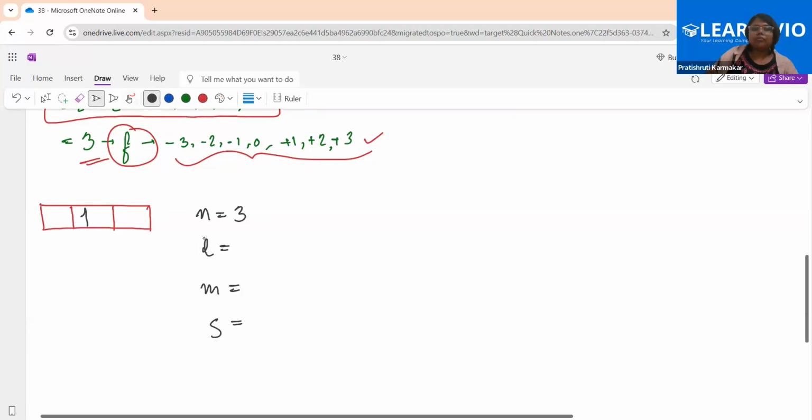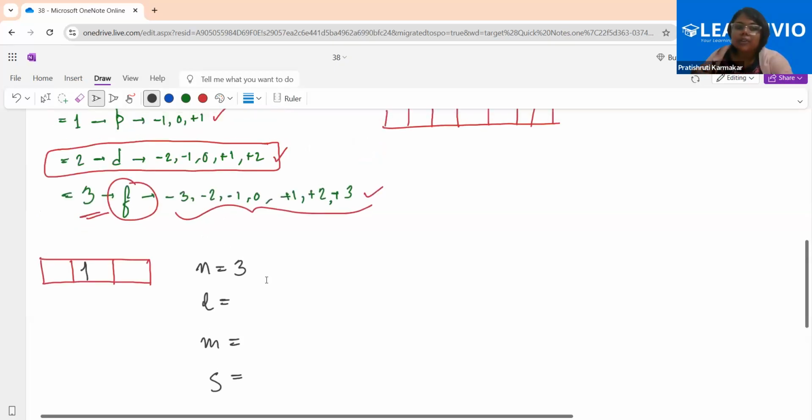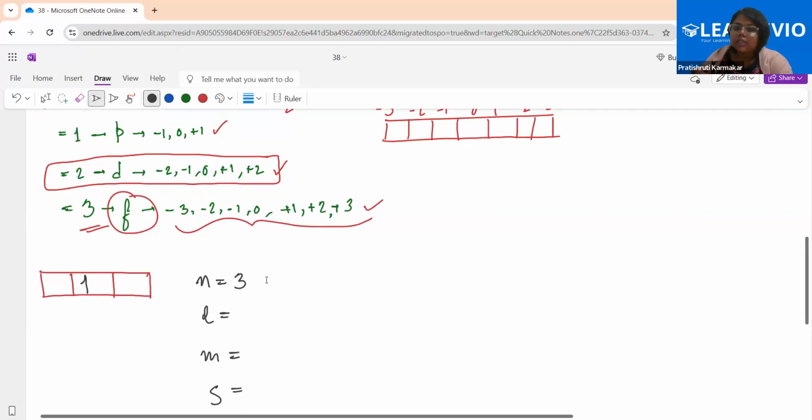Now answer me. What will be the other 3 quantum numbers for the electron I have drawn here, okay?